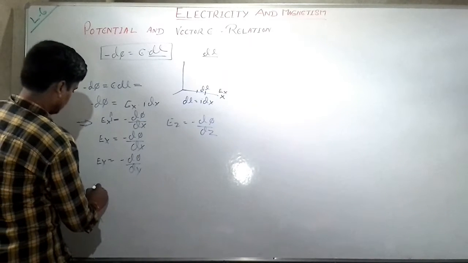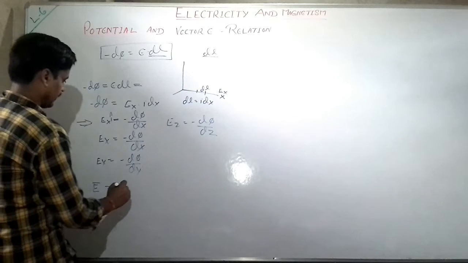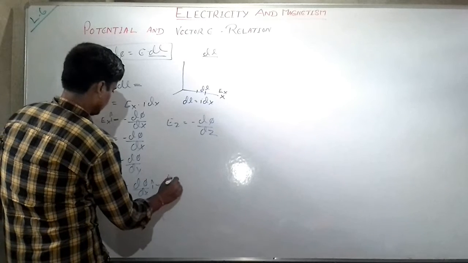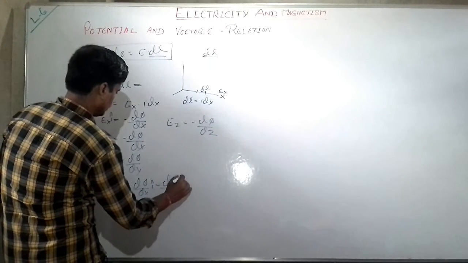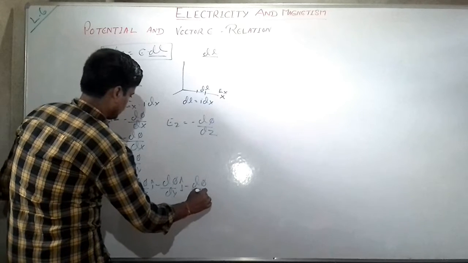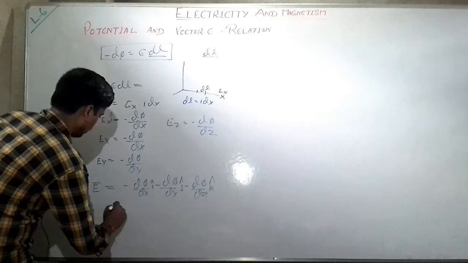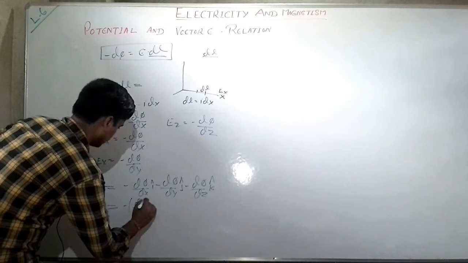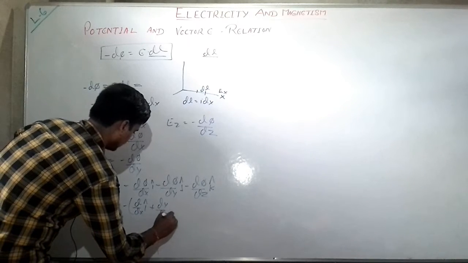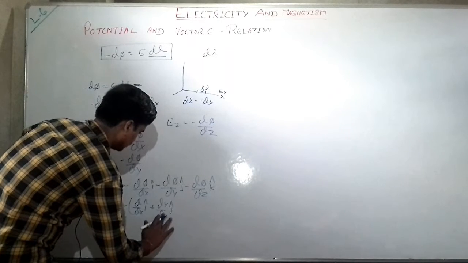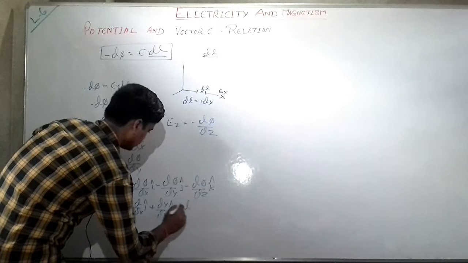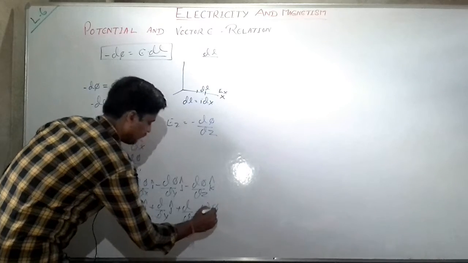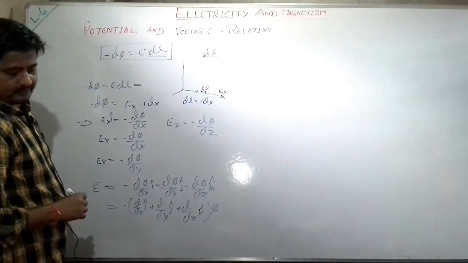It means we can write E equal to minus d phi by dx i, minus d phi by dy j, minus d phi by dz k, or we can also write minus (d by dx i plus d by dy j plus d by dz k) phi.